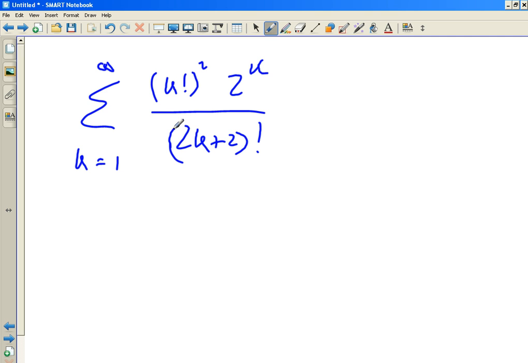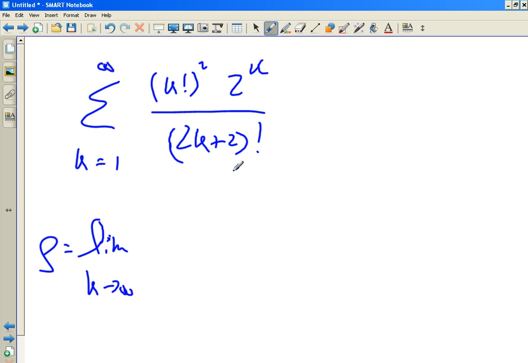All right. Right, because there's a bunch of fractions here. With the ratio test, things hopefully will cancel. All the factorials, all the powers, right? That's the idea. So let rho equal the limit as k goes to infinity of u sub k plus 1 over u sub k. This is the discrete function u sub k.